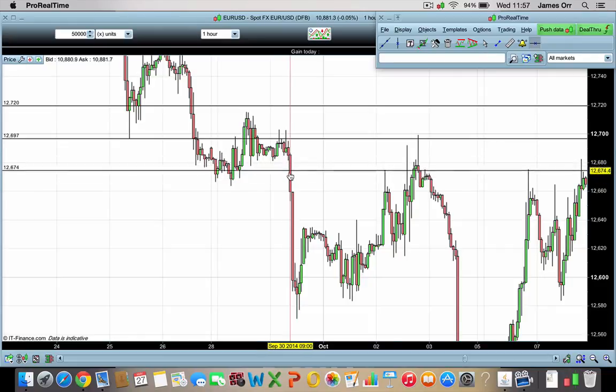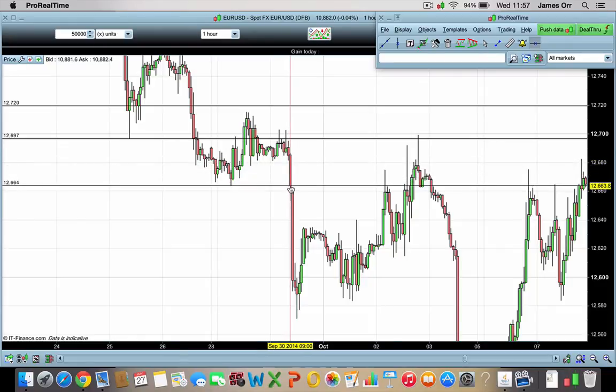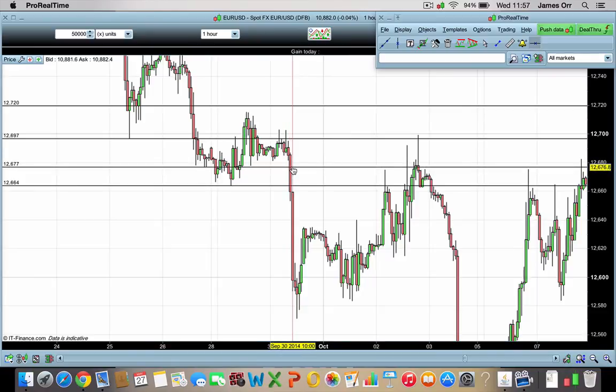Market falls away again, as you can see right here. Market comes down, market comes up, retests. It doesn't manage to make a lower low, but it has made a lower high.